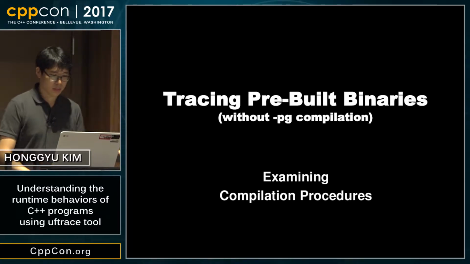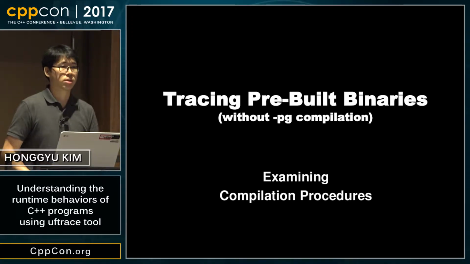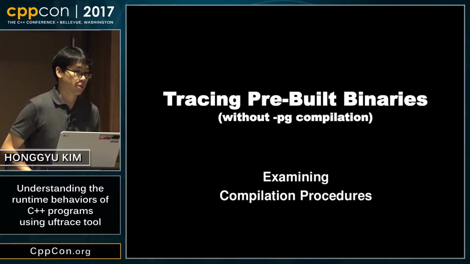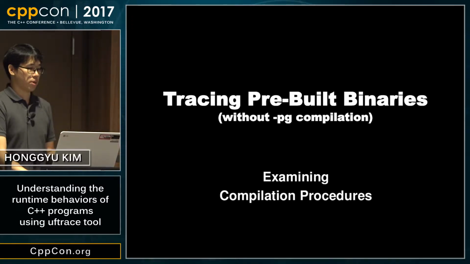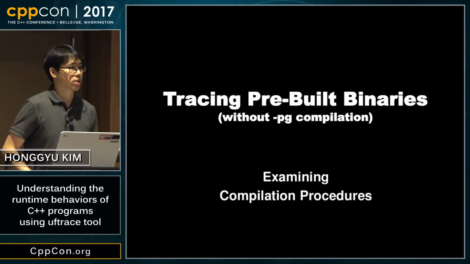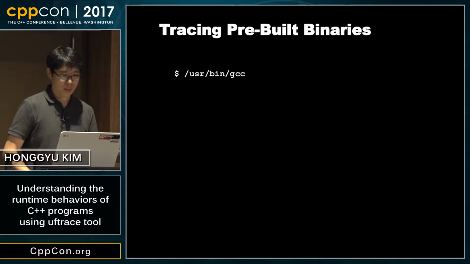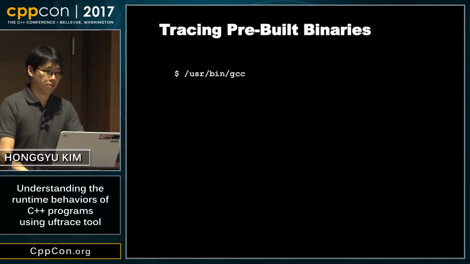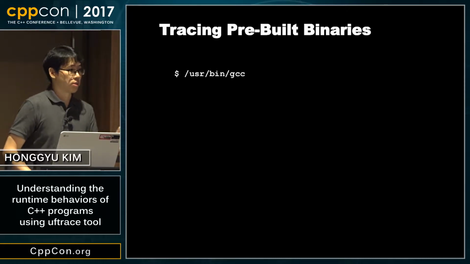The next one is that we can also trace prebuilt binaries. We don't trace the user space programs in that case, but by tracing some libraries, we can still get some useful information. So let's say there is a GCC binary. This is pre-built, we don't have source code, and the GCC binary is just compiling.